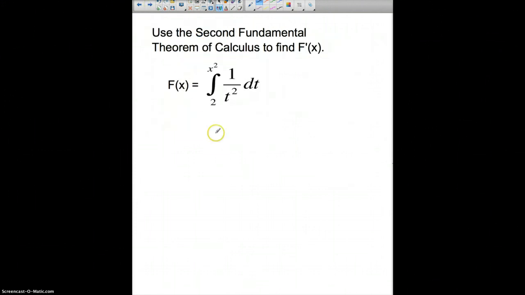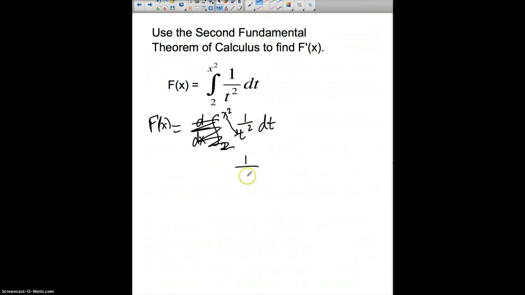So let's do an example of this. If I want the derivative of this integral, so the derivative of the integral from 2 to x squared of 1 over t squared dt. So we're trying to find the derivative of both sides. The derivative and the integral pretty much cancel each other out, right? You plug that in there.